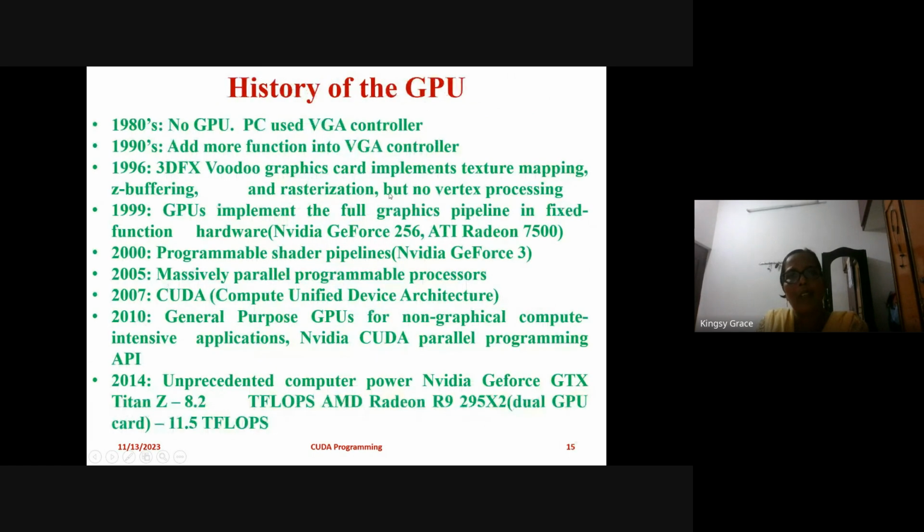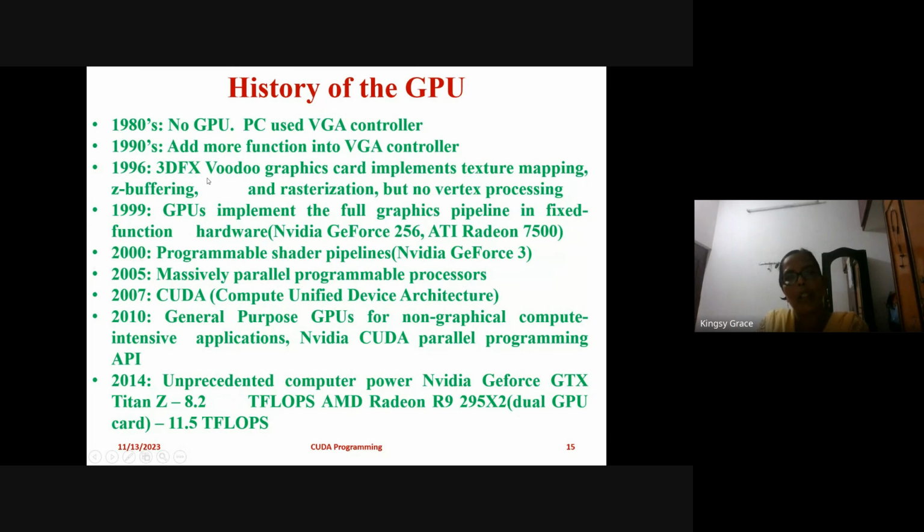Now some history of the GPU. Before the 90s, there was no GPU; we had only VGA cards. After that, slowly the GPU implementation happened because of the high demand of gaming and visual analytics. In 1999, GPUs implemented the full graphics pipeline, and the first GPU was released in 99.